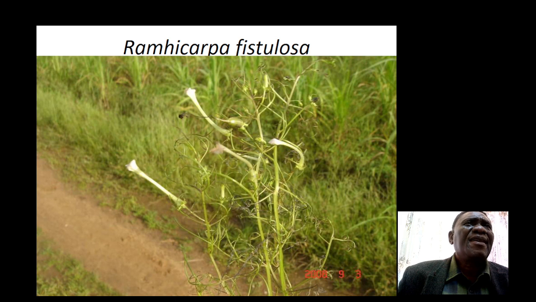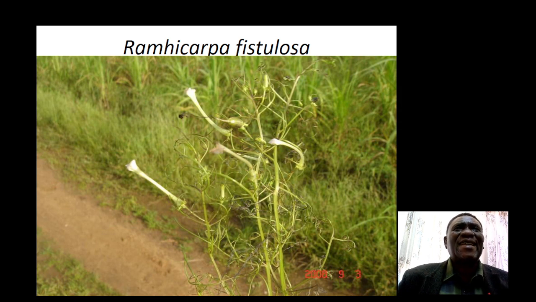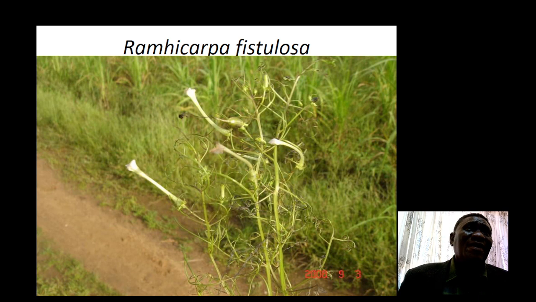This one is Rhamphicarpa fistulosa. It has these trumpet-shaped flowers. It attacks rice grown in clay areas or wet areas of Zimbabwe.